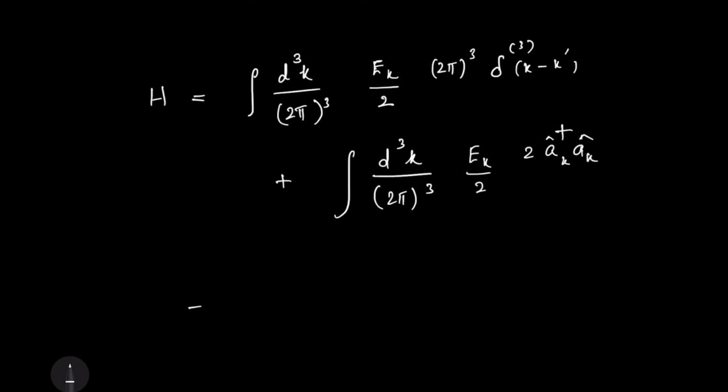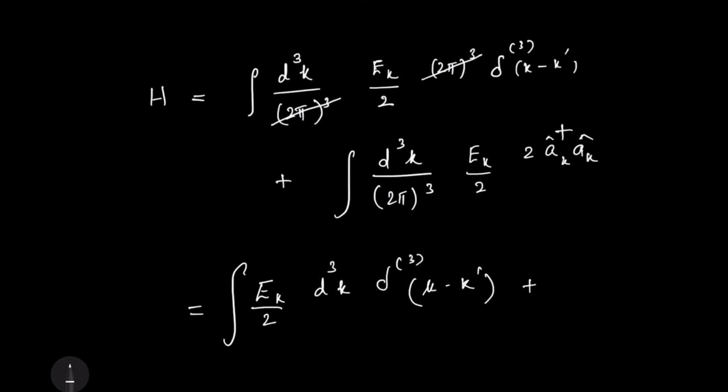In the first integral, the 2π cube will get cancelled and I have E_k by 2 integral d³k δ³ of k minus k prime, plus, so here 2 and 2 will get cancelled, integral d³k by 2π cube E_k a_k† a_k.